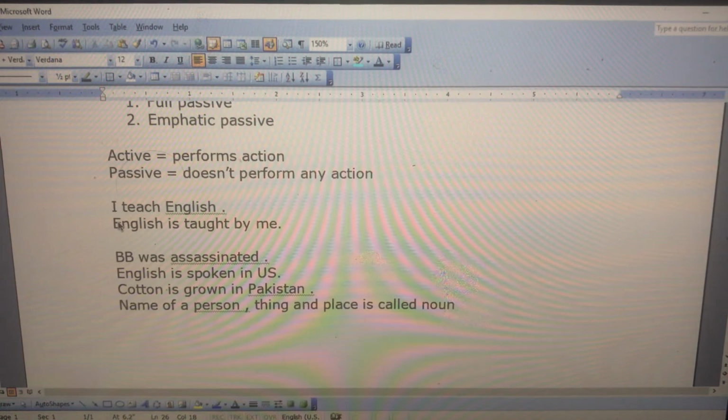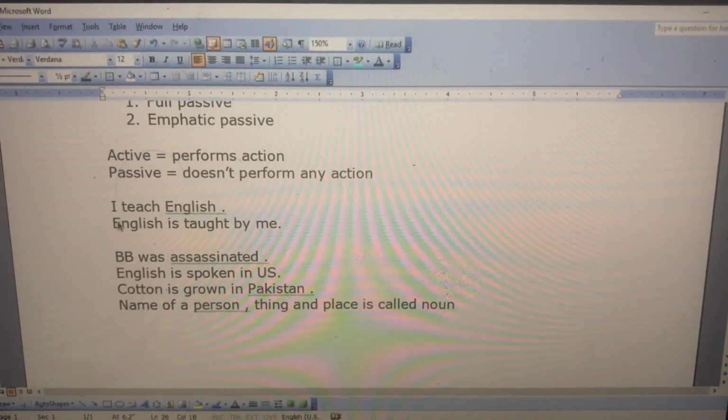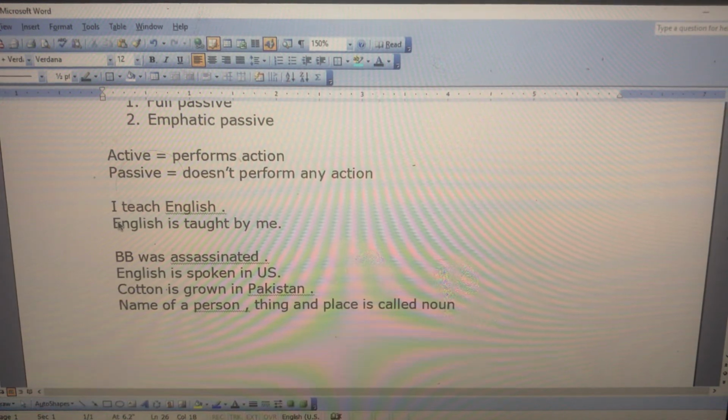But in the second sentence, English is taught by me. So English is now active and I am muted. That is why the performer is mute, and the object is active. So this is called emphatic passive.